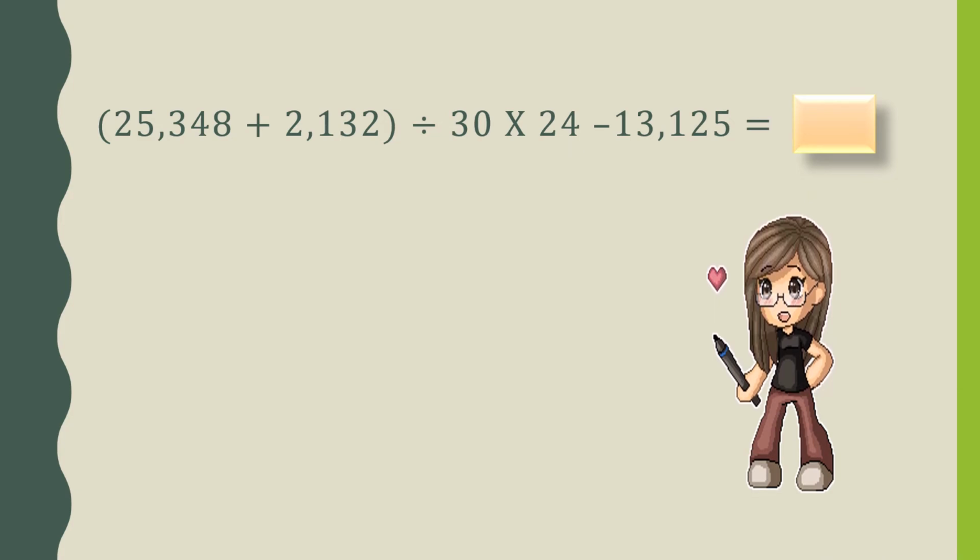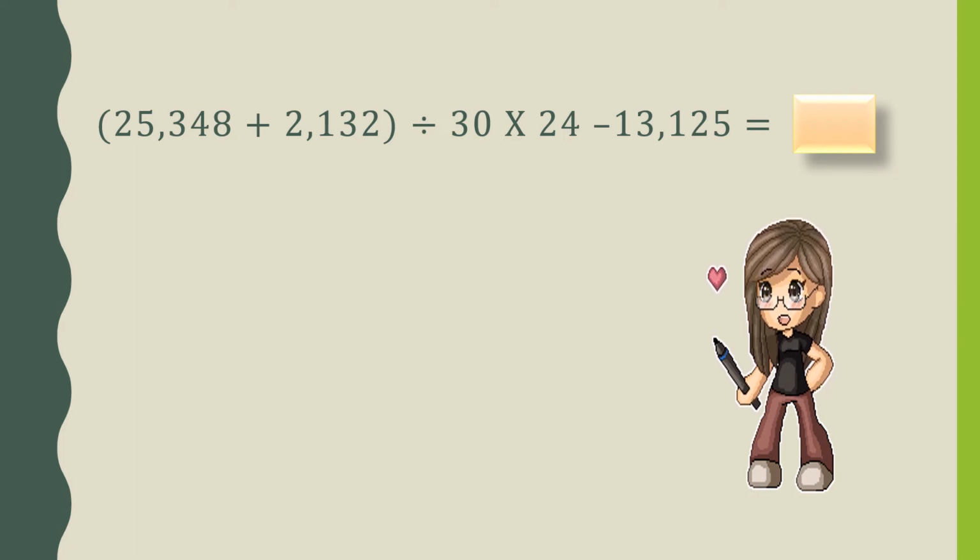Now, our next equation is bracket 25,348 plus 2,132 bracket divided by 30 times 24 minus 13,125.